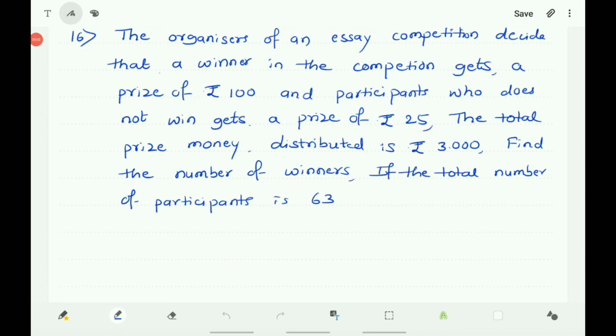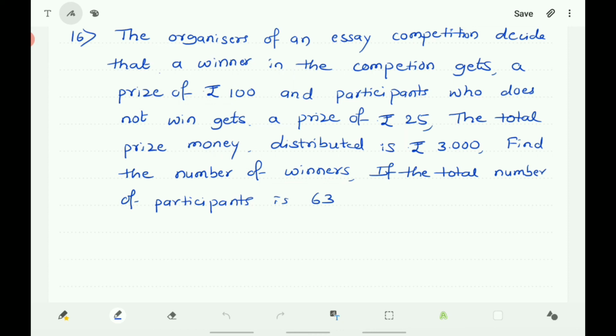Now let us take the 16th question. The organizers of an essay competition decide that a winner in the competition gets a prize of rupees 100 and participants who do not win get a prize of rupees 25. The total prize money distributed is rupees 3000.